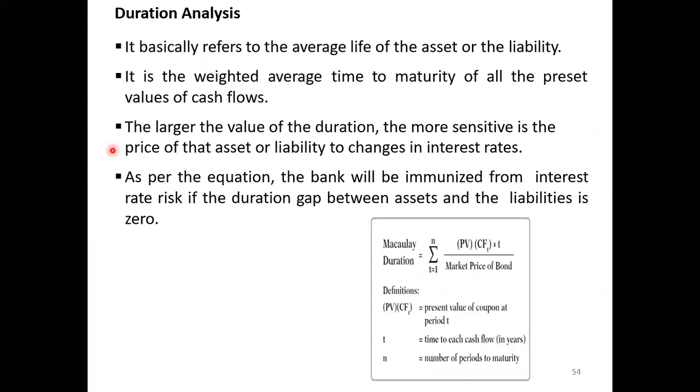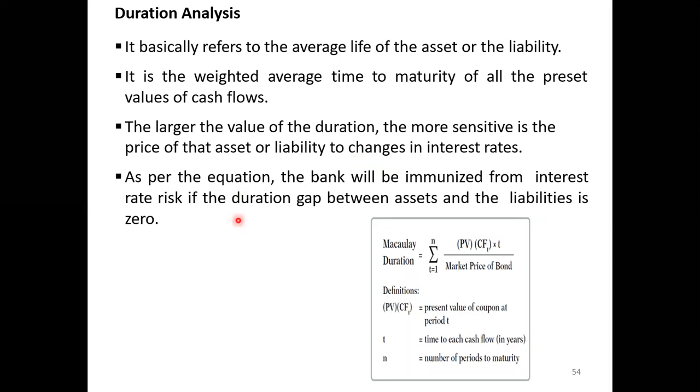The larger the value of the duration, the more sensitive is the price of the asset or liability to changes in interest rate. So when the maturity is high, then you can predict that it is more sensitive to the interest rate changes in the market.